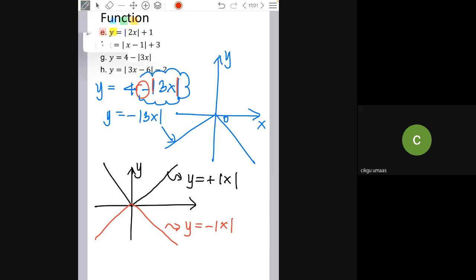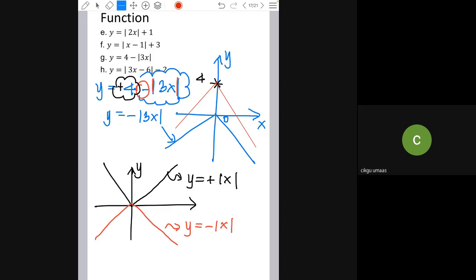But there is a positive 4 here. The 4 is not negative, the 4 is positive. So what does this actually tell me? My graph will go up to 4. So the graph would be something like this. This is how the graph is going to go up to 4.